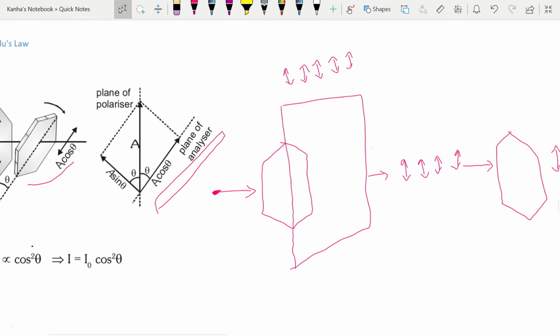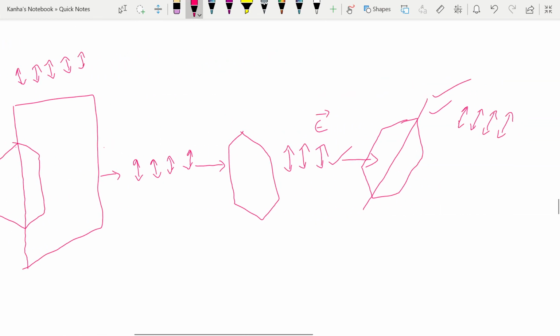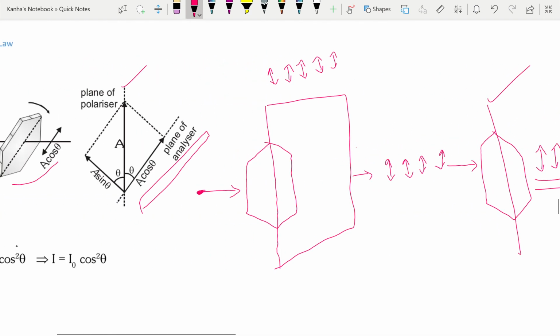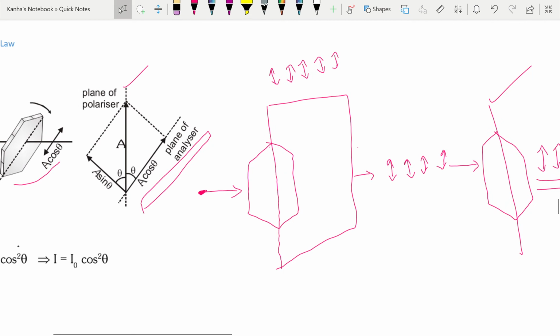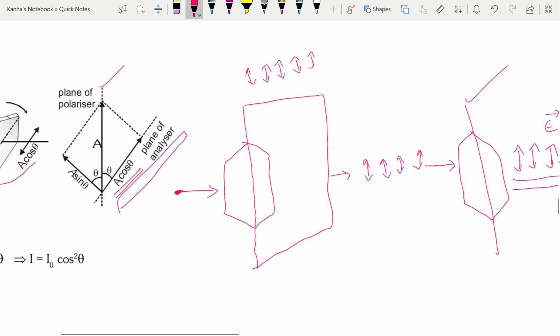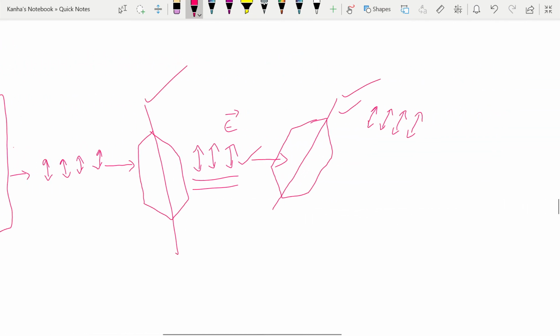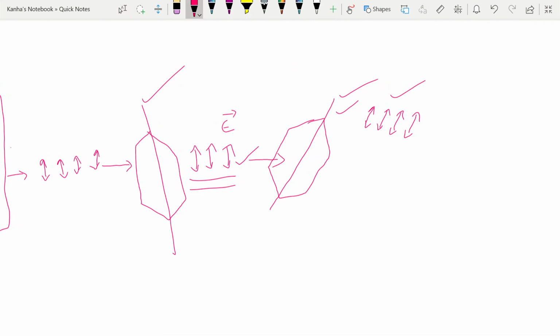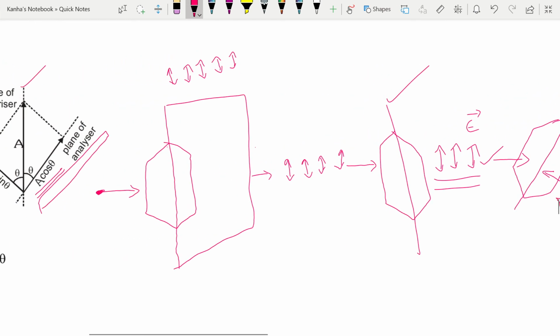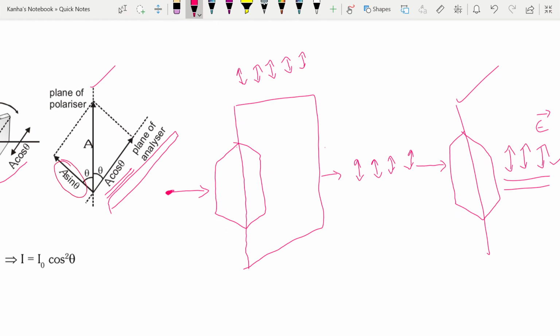The plane of the polarizer was this plane, the plane in which the light is coming in. The components of the amplitude which are parallel to the analyzer's axis will be allowed to pass. The ones perpendicular to this axis will be blocked. So the component A sine theta will be blocked.